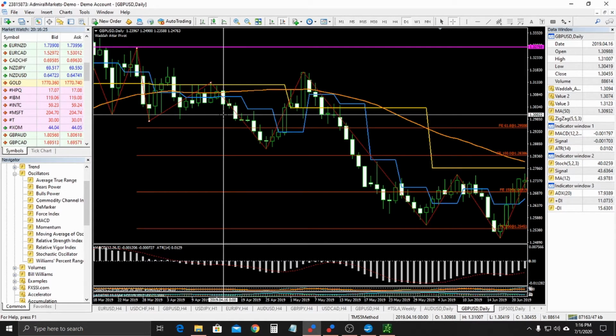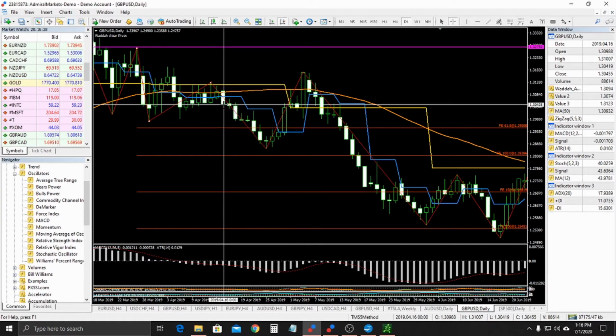So an ATR of 102 multiplied by 1.5 is about 153. So I want to get at least a 1-to-1 on that. So I want to make sure that this goes to 153, and it does not. So I would not take this trade. I would not take that trade.